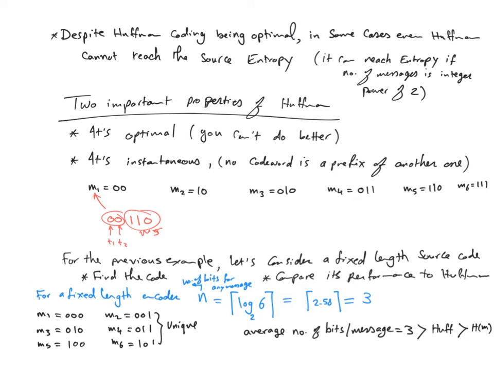So we know that this fixed length encoding is doing worse than the Huffman, and definitely it's also worse than the entropy of the source. Clear?